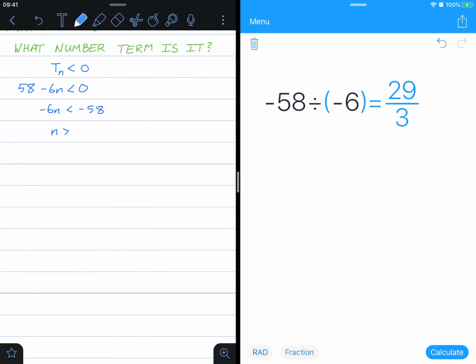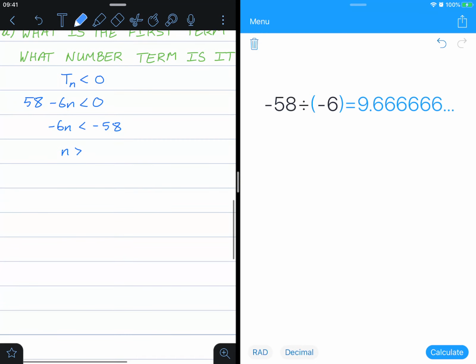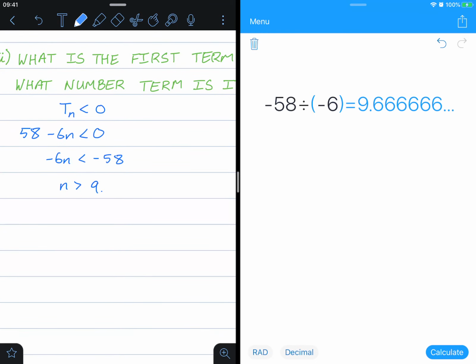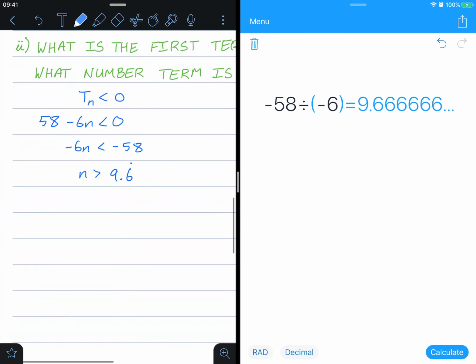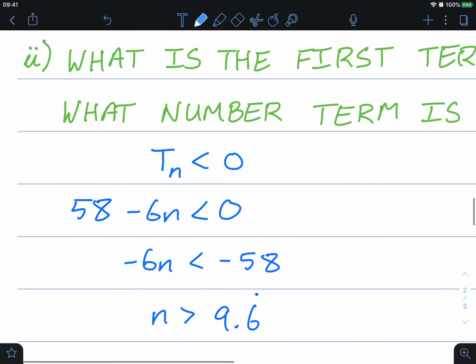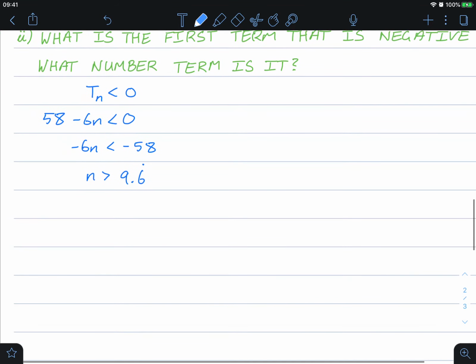So that's 9.6 recurring. But if you consider this, this would be a position in a line. So here's the 9th term. Here's the 10th term. You can't have a 9.6th position.